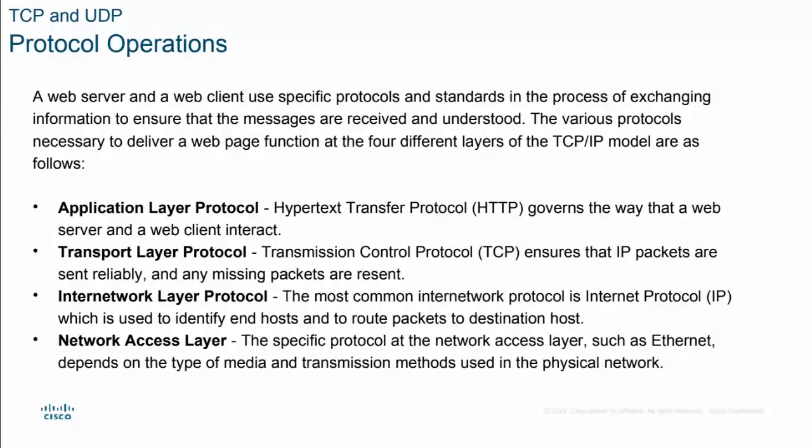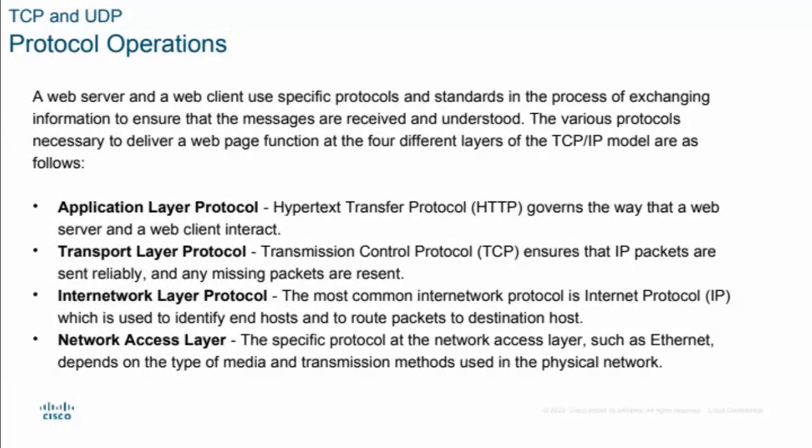The two most common protocols for transport are TCP and UDP. Before that, a web server and web client use specific protocols to exchange information. This is managed by the TCP/IP suite of protocols. The TCP/IP suite has all the protocols needed by the layers.